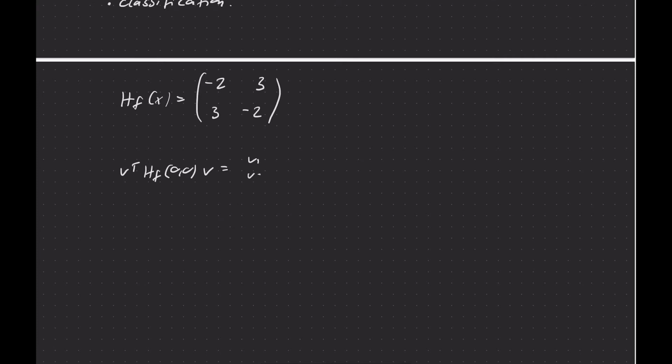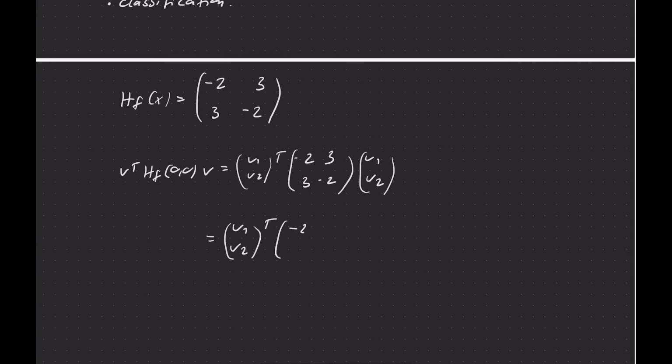So let's see, V1, V2 transposed, -2, 3, 3, -2, and then V1, V2. So that yields -2 V1 plus 3 V2 in the first step, and here we have 3 V1 minus 2 V2.